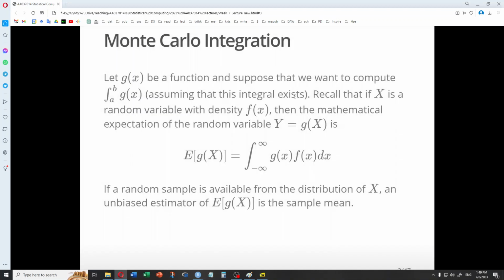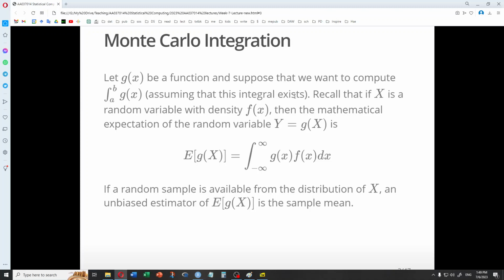Now let's look at this general example. Let g(x) be a function, and suppose that we want to compute the integral of g(x) over the interval between a and b, and we assume that this integral exists, otherwise we wouldn't be able to run the integration.